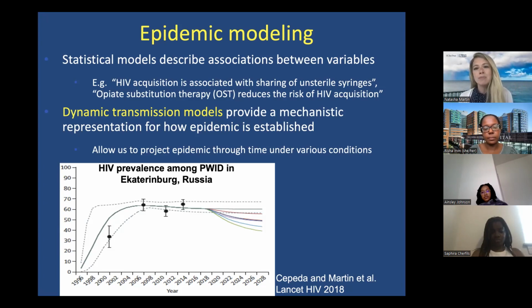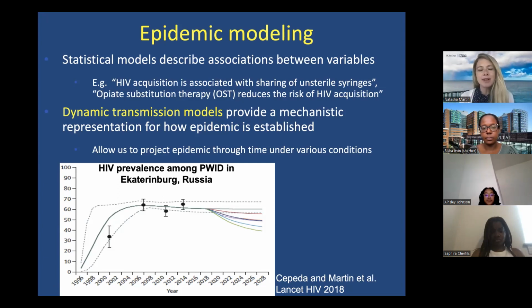Or does being on opiate substitution therapy, is that associated with a reduction in the risk of acquiring HIV? So we're just looking at relationships between two things and whether we can see a relationship between them. That is not what I'll be talking about today. Although statistical associations are very important information that we often use as inputs to our dynamic models.